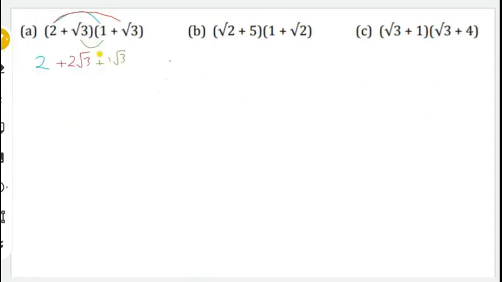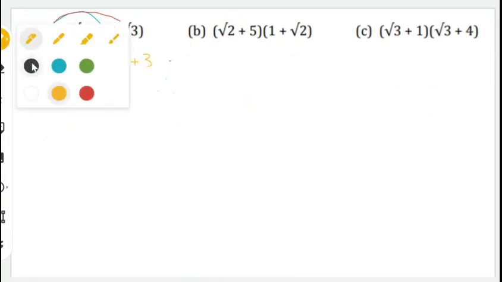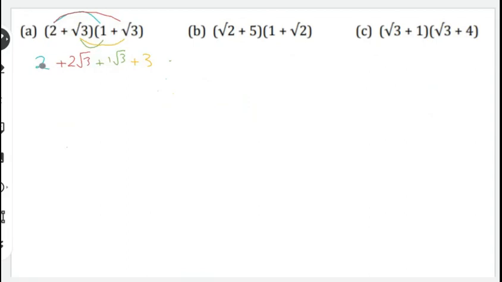And then we also have root 3 multiplied by root 3, which is root 9, which is 3. And then the next part is just a simplification. So 2 plus 3 gives you 5. And then this 2 square root 3 plus 1 square root 3 is going to give us 3 square root 3. So that's what this simplifies to.